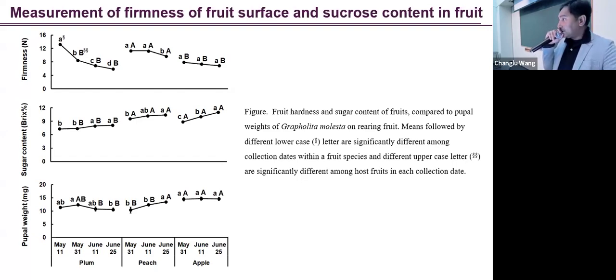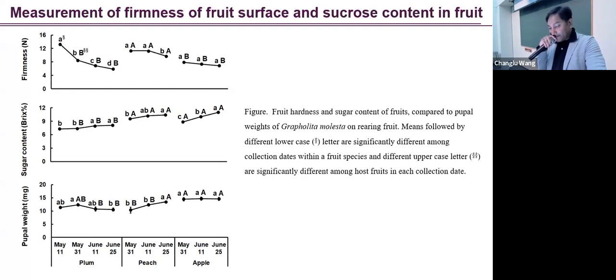It's not lower, it's quite good. But the firmness goes down as the season progresses. Then firmness decreases on May 31st and the sugar content is also higher. So at that time we get higher pupal weight.